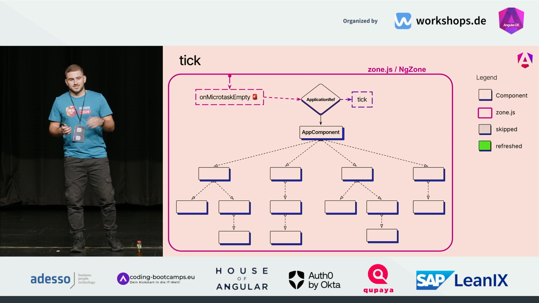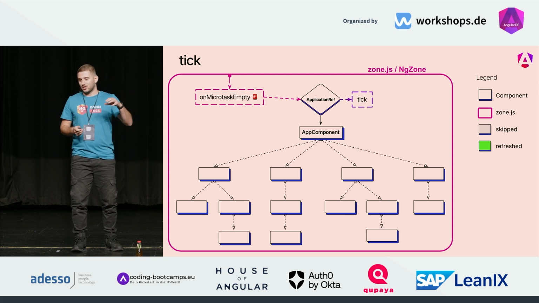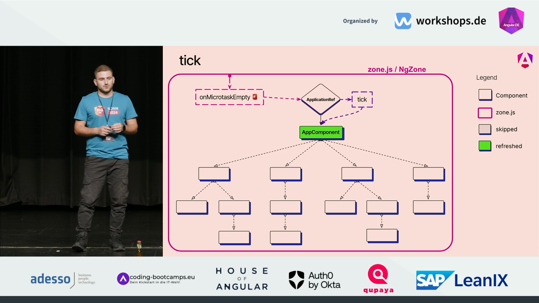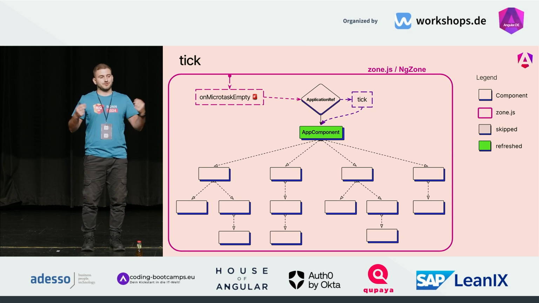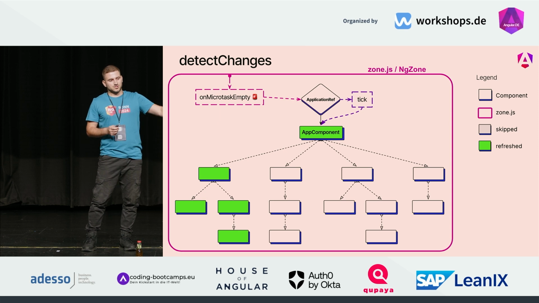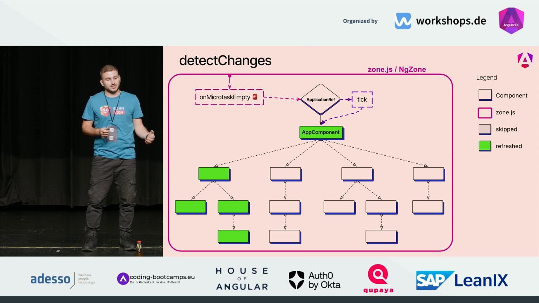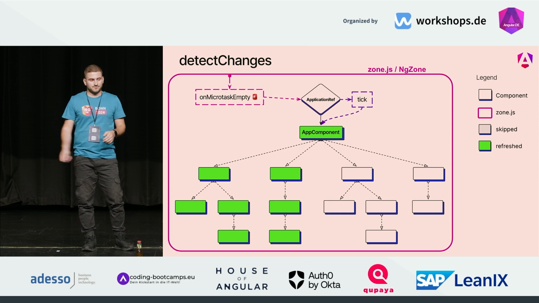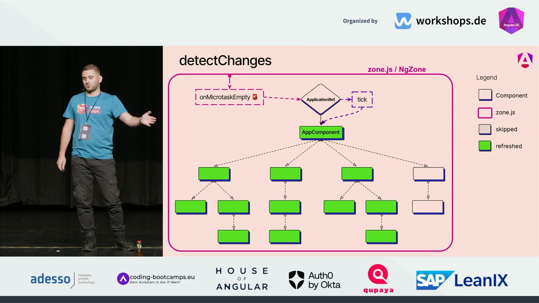So when this tick happens, Angular goes to app component and runs detect changes. And of course, detect changes will refresh that component. And after that, it goes to the first branch, runs detect changes there recursively, so the component and all its children. The same thing for the second, third, and fourth branch.